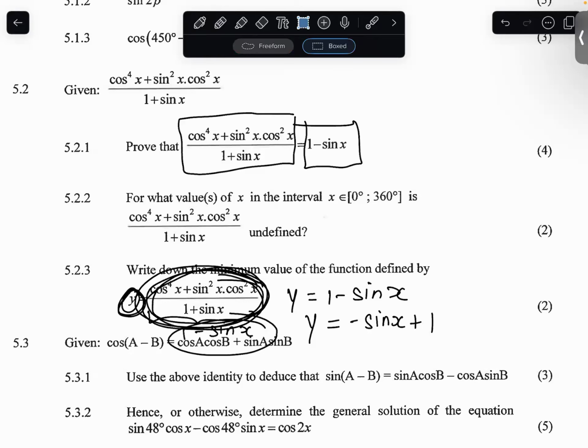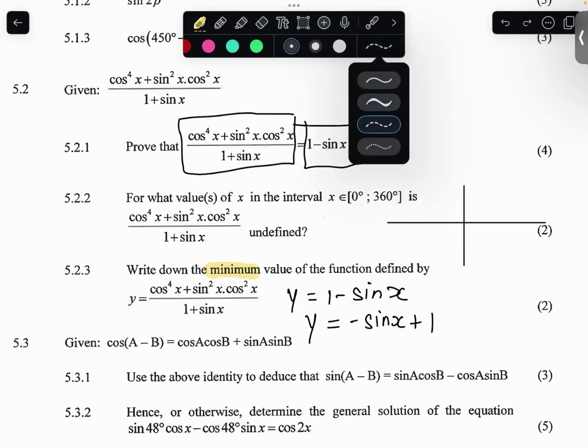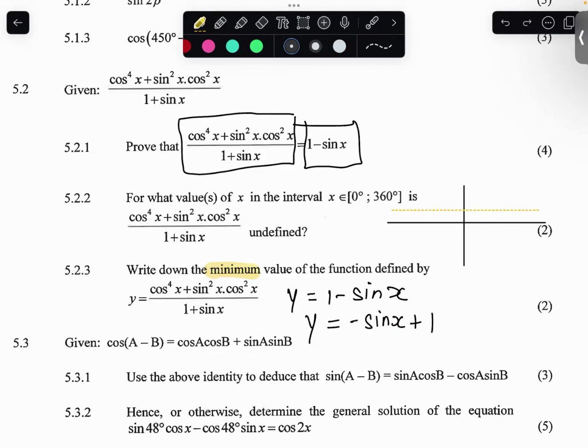And so now, when you think of it in terms of a graph, and you want the minimum value of this graph, then what you need to think about is where the mean is and what the amplitude is. So the mean is at positive 1, right? And the amplitude is 1.